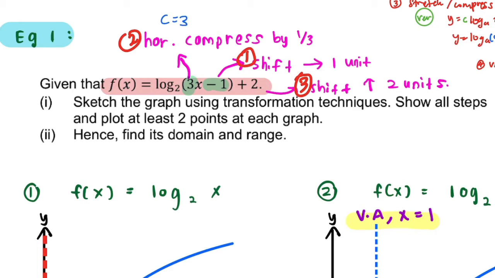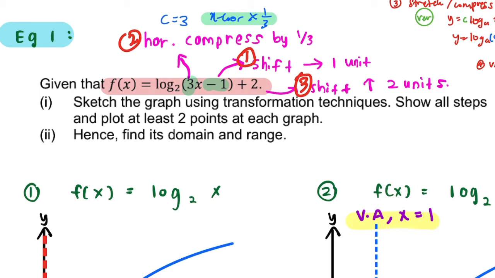Since it is inside, this is horizontal. Since 3 is more than 1, this is compressed. So you can write here horizontally compressed by factor 1 over 3. What you are doing is multiplying the x coordinate by 1 over 3.